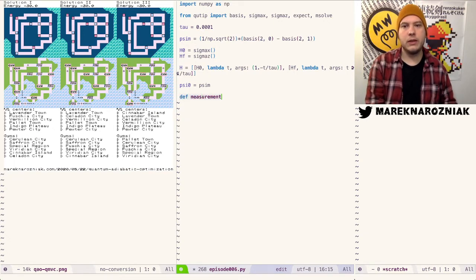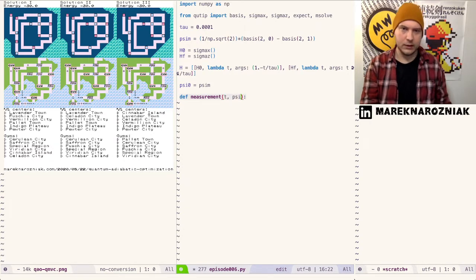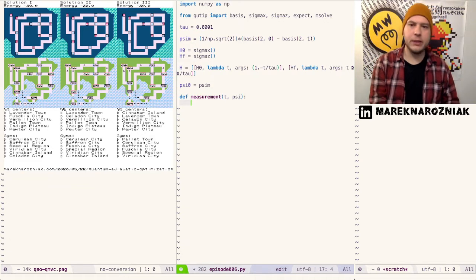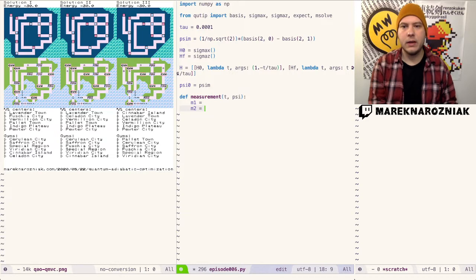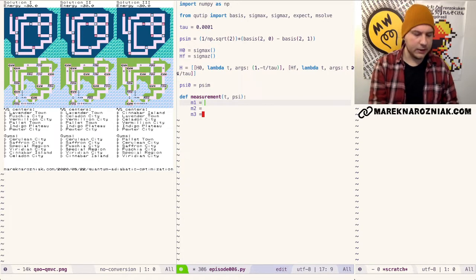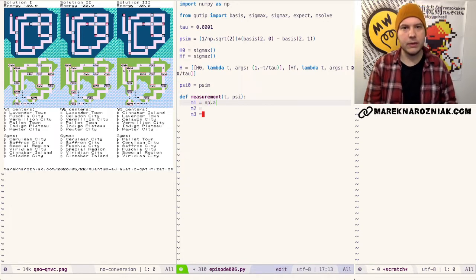which usually just takes a time step and a quantum state. So we will measure the expectation value of minus, the expectation value of, well, the ground state of sigma z is going to be 1, so expectation value of 1. And we will also measure the overall energy of the system, measurement 3. So for that, let's just use the fidelity, which is absolute value squared, as usual.